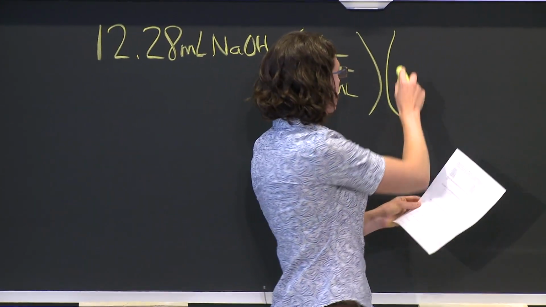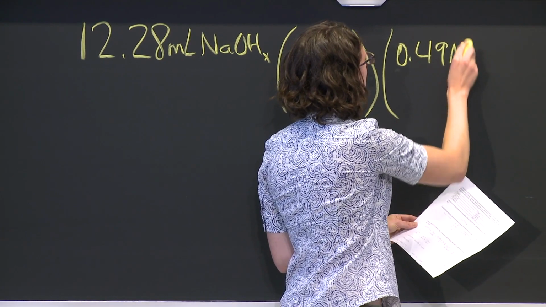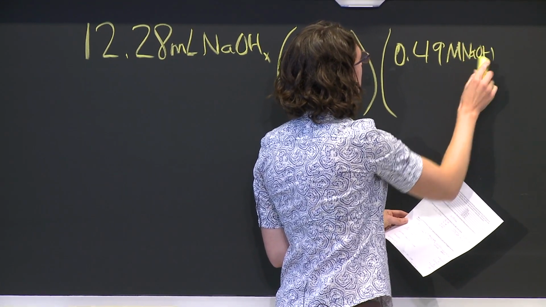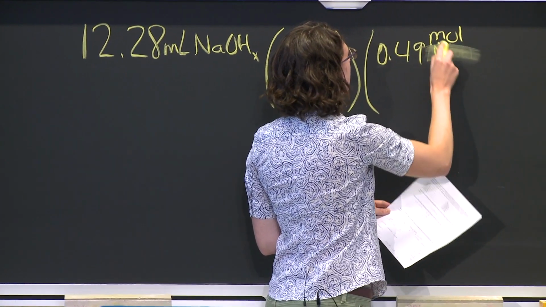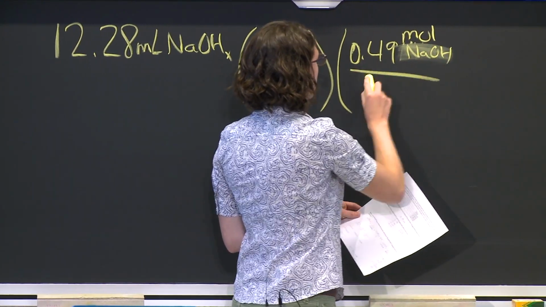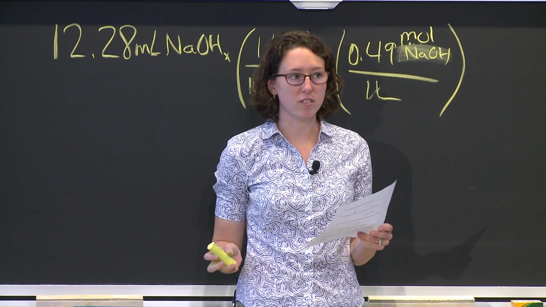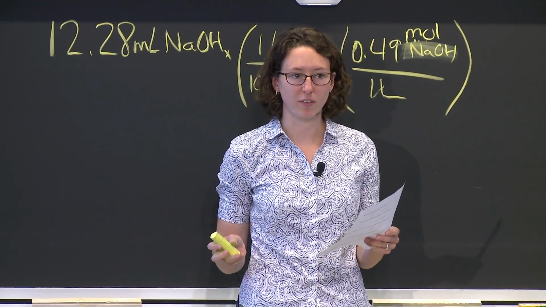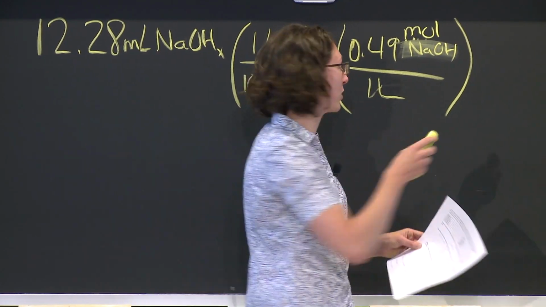And then we can use our molarity to get moles. I guess we could do that as moles of NaOH in 1 liter. Then we can go from moles of NaOH to moles of HCl. What's our molar ratio? Too easy, 1 to 1, yep.